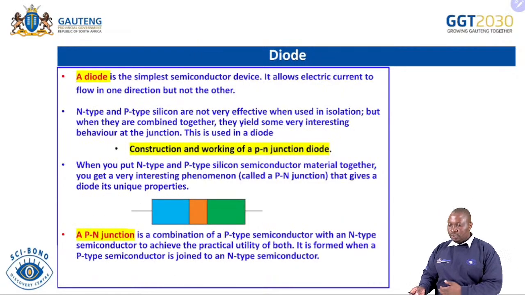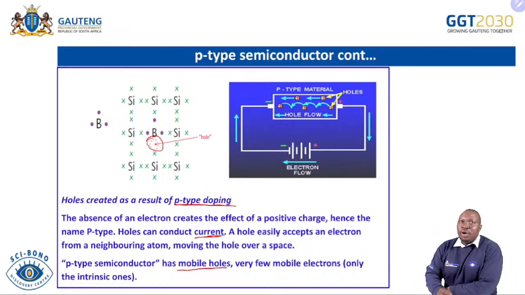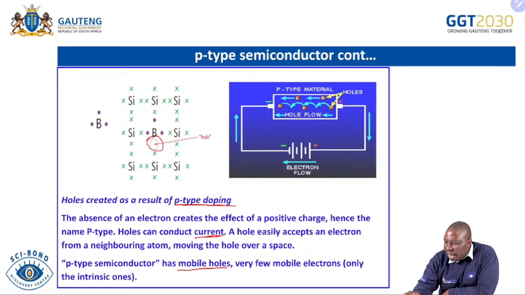If I'm to move back to that slide. So I hope you are understanding the p-type versus the n-type. If I'm to conclude it nicely, in the p-type now we have the hole. Then what happens is that the electron will move from one hole to another. So it will be like the hole is the one that is doing the flowing.